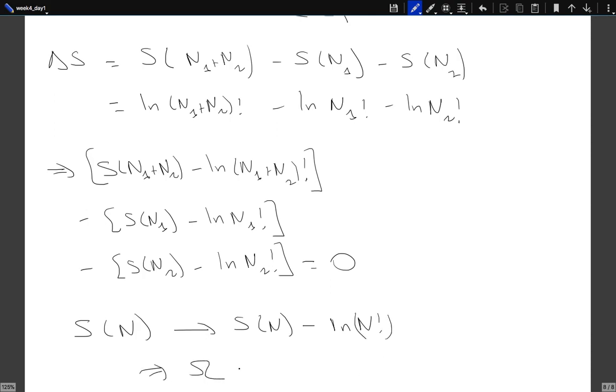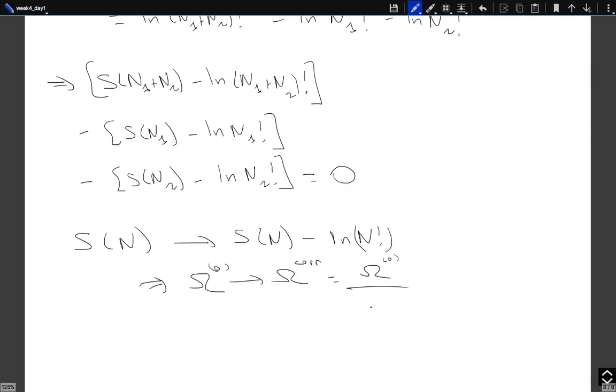Or omega should be replaced by, let's say, the corrected omega, by setting the corrected omega to omega 0 divided by n factorial. Then the problem is solved. But then the question is, why n factorial? Why do we divide by n factorial? Remember, n is the number of particles we have.